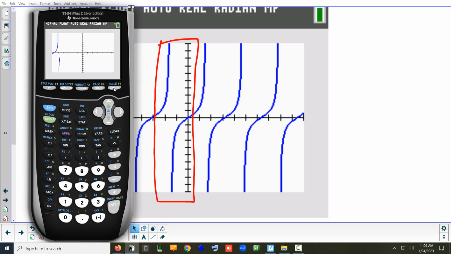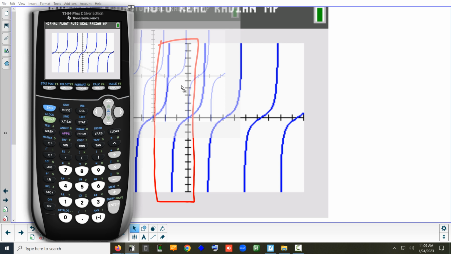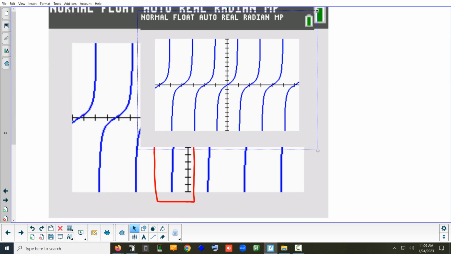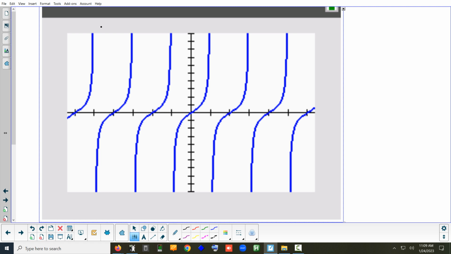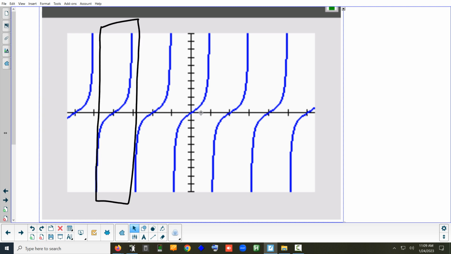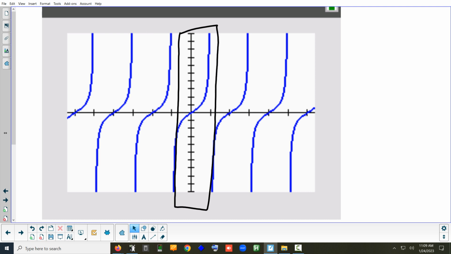I think that'll make it a little easier to look at. Okay, so now each tick mark is 90 degrees apart. I'll do my box again. Okay, so I need a box. Something like that. Let's try 0 to 180.